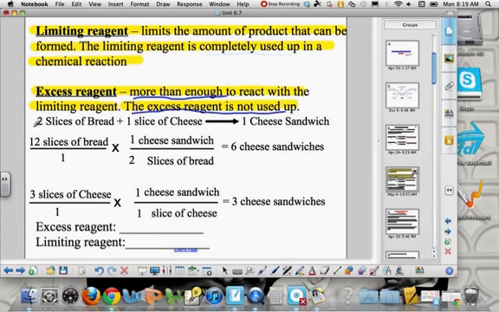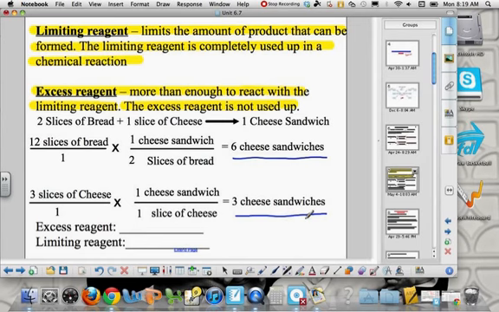So when we looked at this example with the 12 slices of bread and the 3 slices of cheese, I used all 3 slices of my cheese to make my 3 cheese sandwiches. This limited the amount of sandwiches that I could make. When I had 12 slices of bread, I was able to make 6 cheese sandwiches, but when I had 3 slices of cheese, I was only able to make 3 cheese sandwiches.